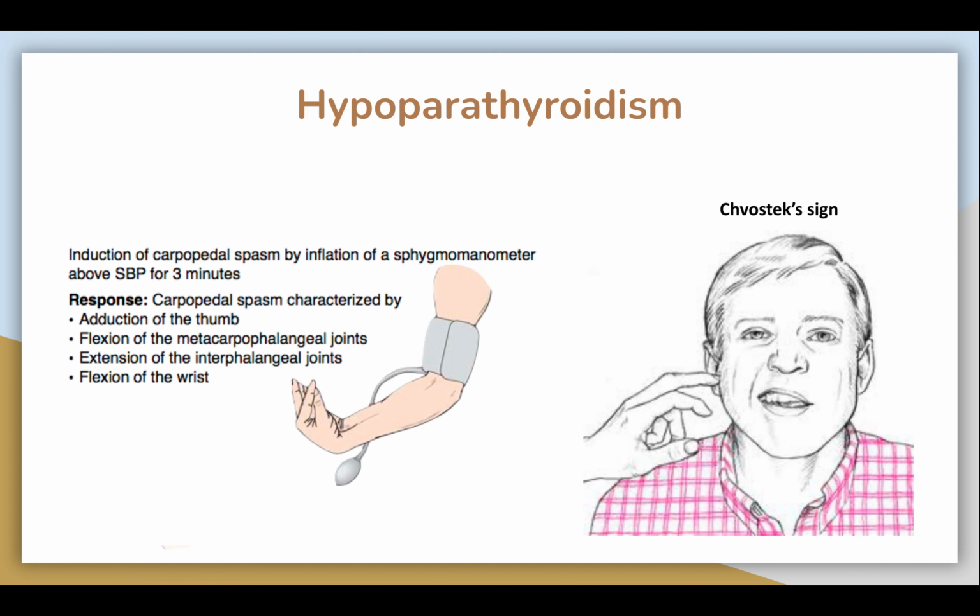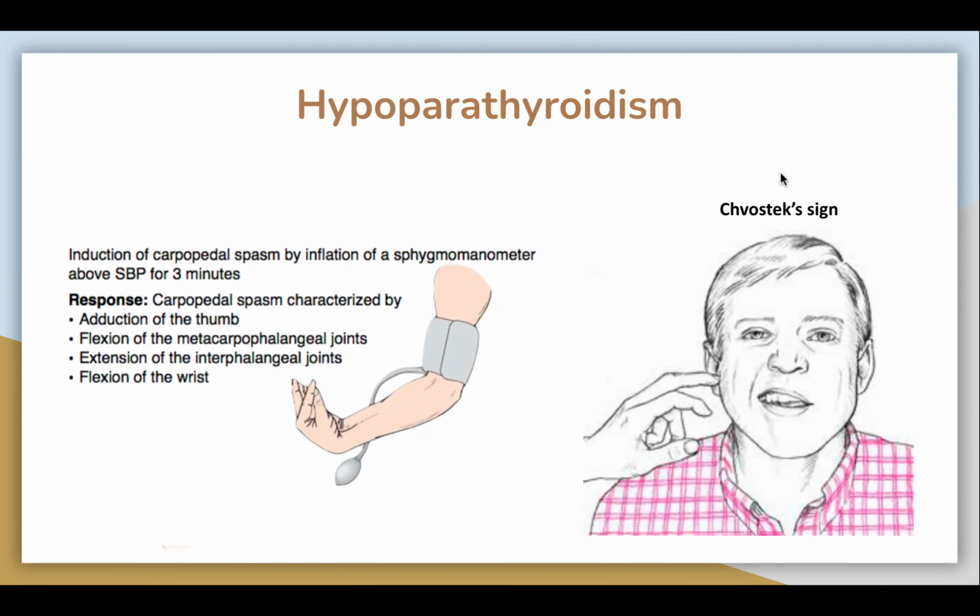So if the parathyroid glands are not preserved adequately, you will have a reduction in circulating calcium. That's why when you tap this portion at the side of the patient's face, you will have a spasm of the face, because of the irritability of the nerves there.